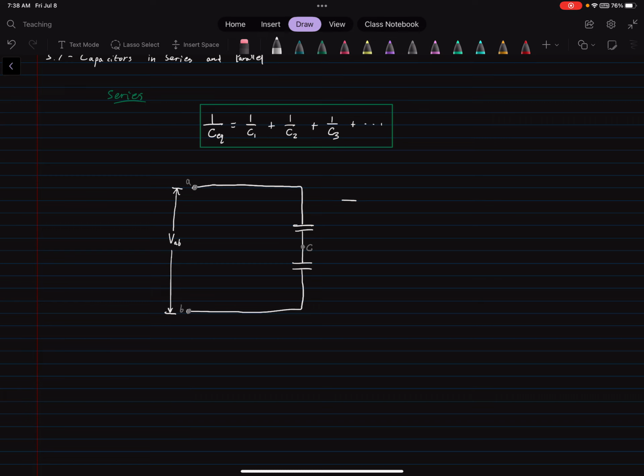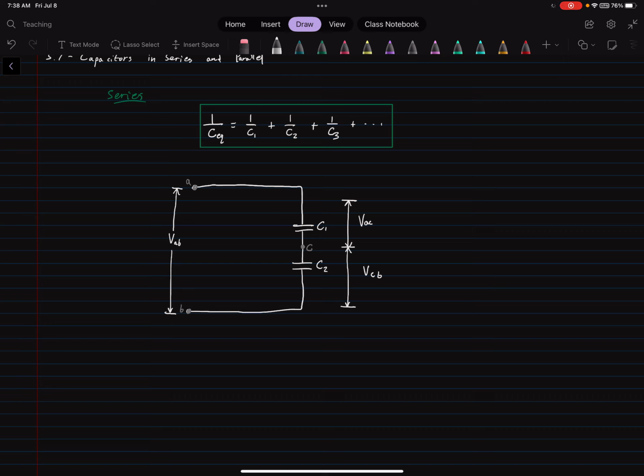There's some potential difference, I should say, not necessarily always drop. We can call this one VAC, because that includes capacitor 1, call this capacitor 2, and this is going to be VCB.